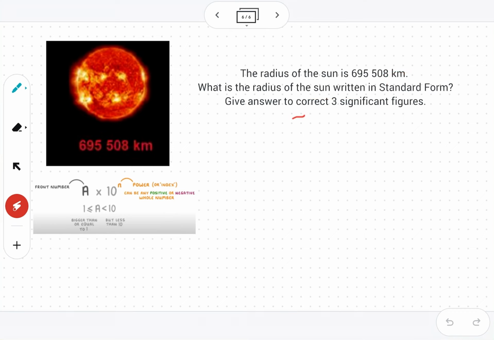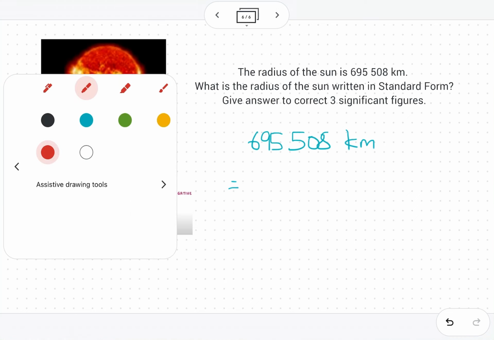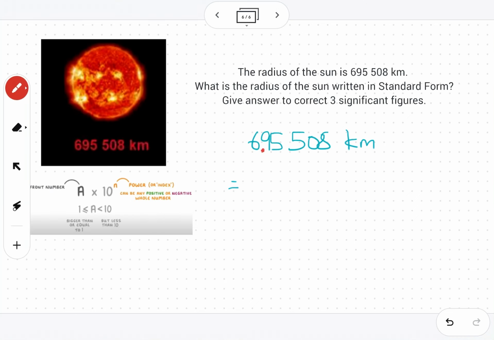Give answer correct to 3 significant figures. So there's a condition on how you want to write the standard form. So you want the point to be here because we want to follow the condition.